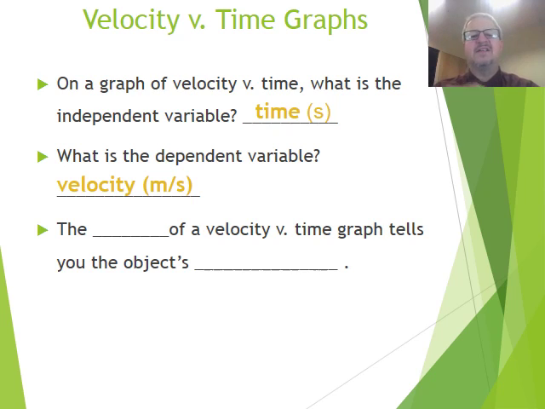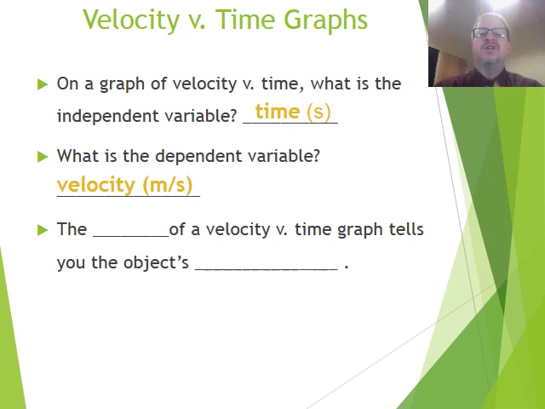Notice in parentheses there with time on the independent variable, it has an S in parentheses. Well, that stands for seconds, just in case you didn't know, but I'm sure you probably did. And then, of course, on velocity, in parentheses, it says m/s, so that would be meters per second. Just want to make sure you knew what those units were, why they were there.